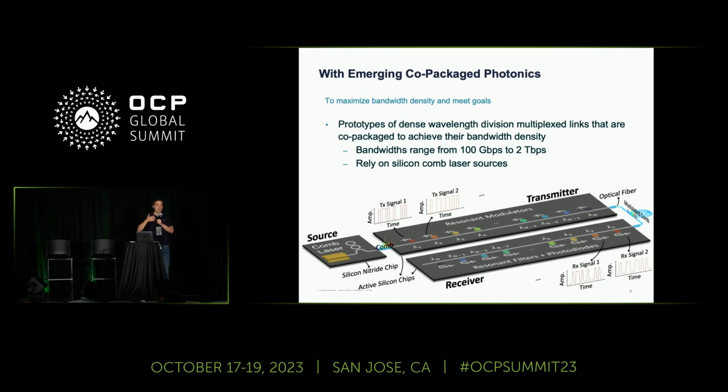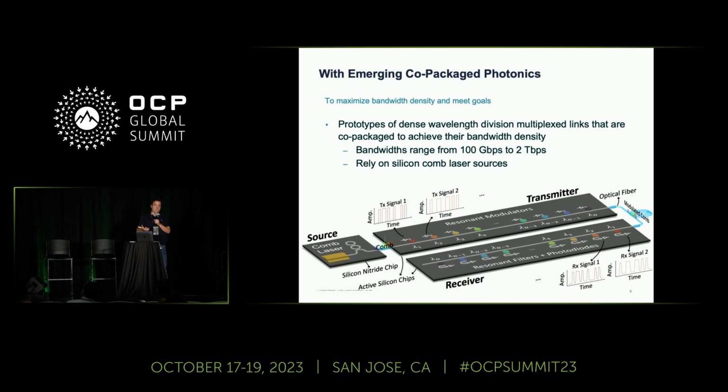It produces a bunch of wavelengths that you can think of as colors. And then all those go into the transmitter. The transmitter has ring resonators, and each ring resonator captures and encodes information in one of those wavelengths. All that light goes somewhere, the receiver receives and can decode each wavelength individually.